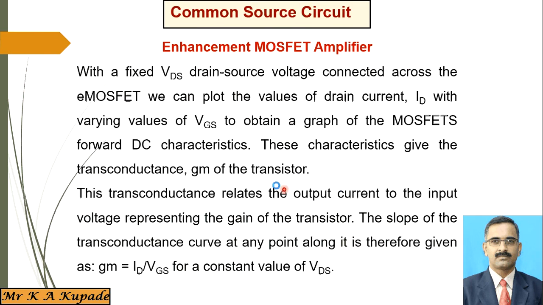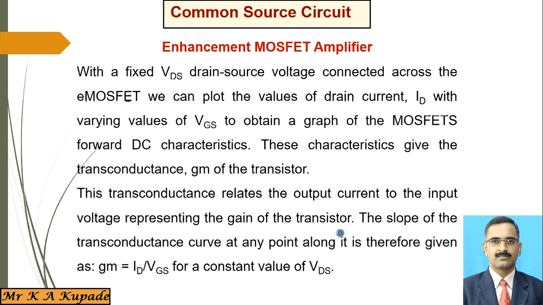Right? Now, these characteristics give the transconductance, which is noted as gm. This transconductance relates the output current to the input voltage, representing the gain of the transistor.